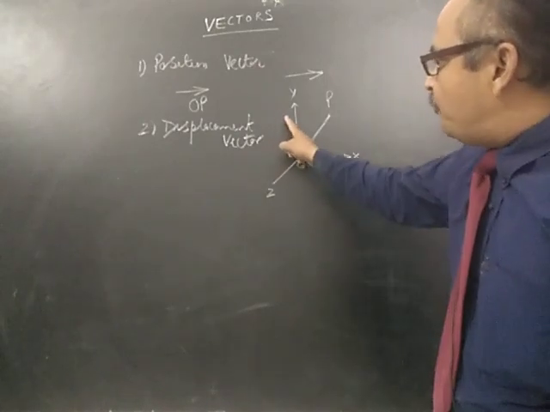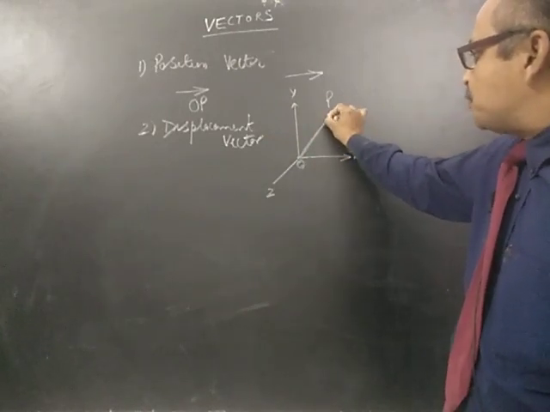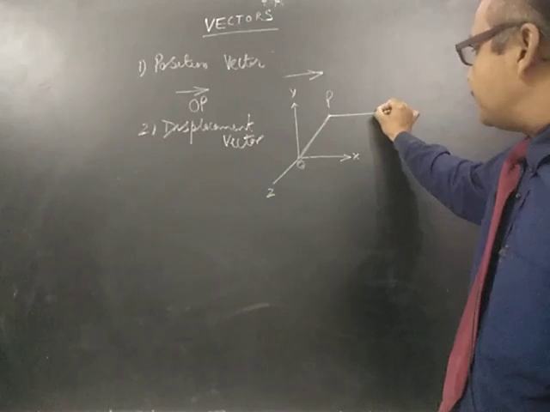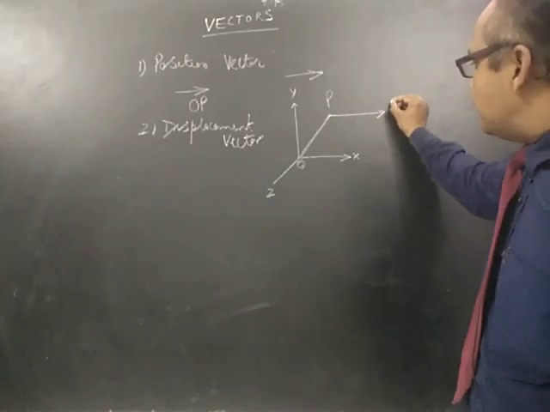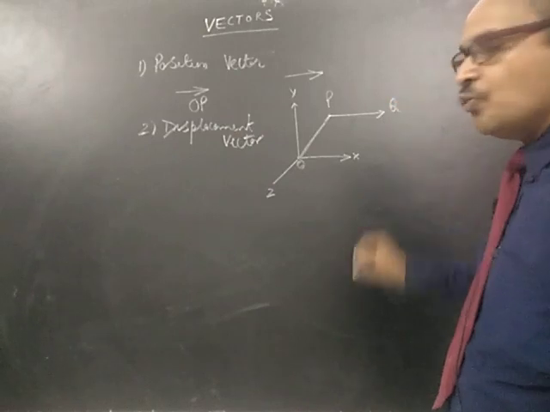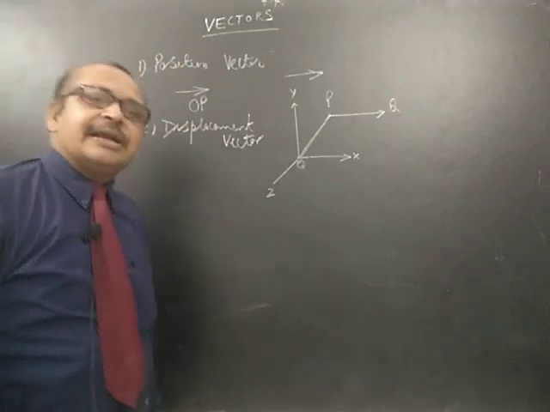Now it is very obvious that when this force is applied at this point P, the object will shift like this, and ultimately it will reach Q. Any doubt?